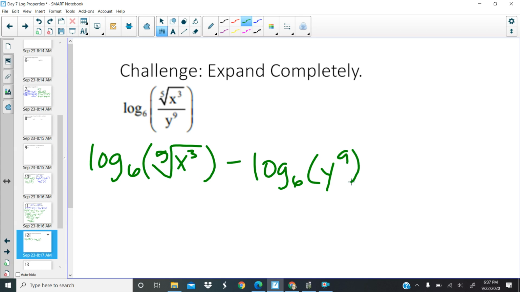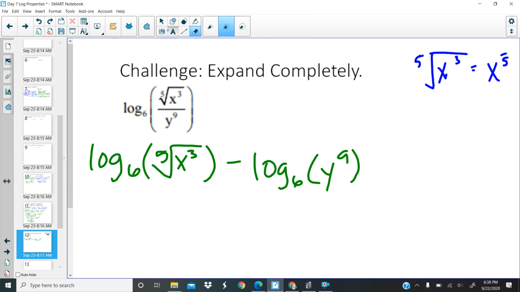The first thing, just a side note that I want to put over here: if you have the 5th root of x, and that is supposed to be a 5 on the outside, then that's going to be the same thing as x to the 1/5 power. So if you have the 5th root of x cubed, then it would be the same as x to the 1/5 power, and then you would add that 3 in.